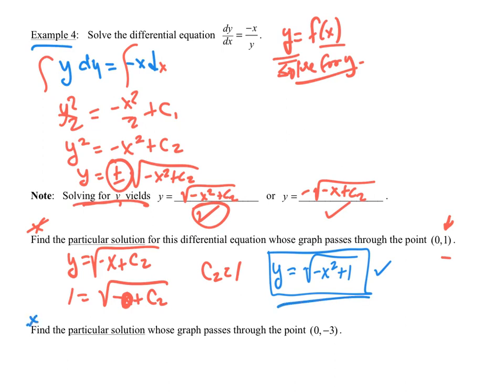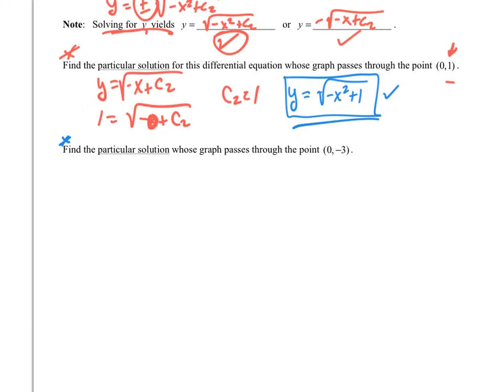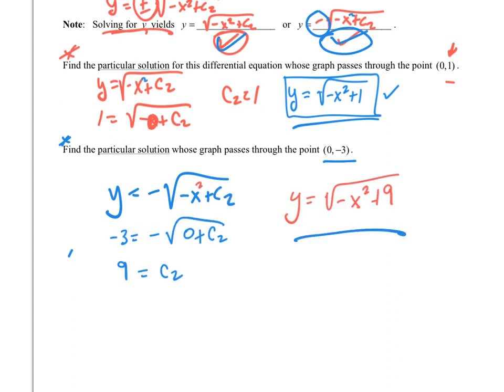Let's look at this example here. I'm rolling through the point 0, negative 3. So which one am I going to be using? This one or this one? Well, the negative 3 tells me that I need to yield a negative 3 for my y coordinate, so it has to be that equation. So I have this equation here, and I plug in the 0, negative 3, and you get this equation here.